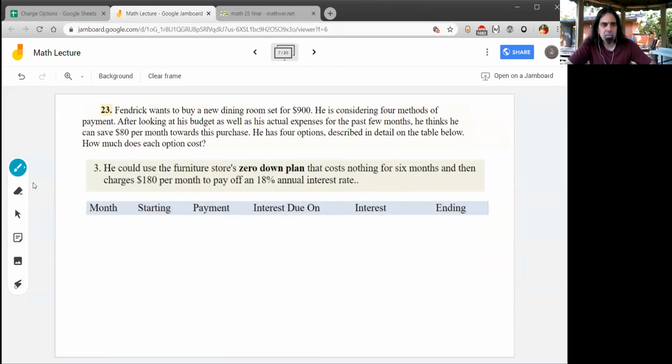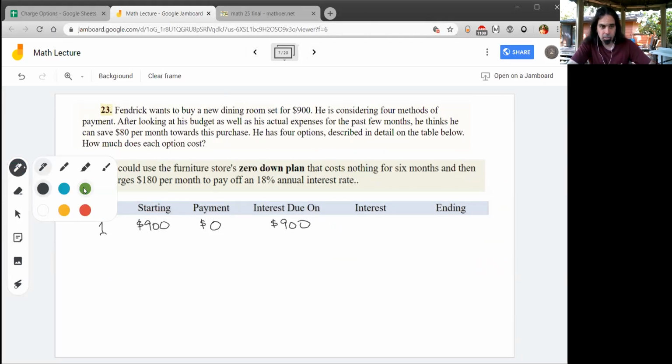The zero down plan has him start at all 900 because there's no down payment. He's not going to pay anything in the beginning. So the interest will be due on all 900.